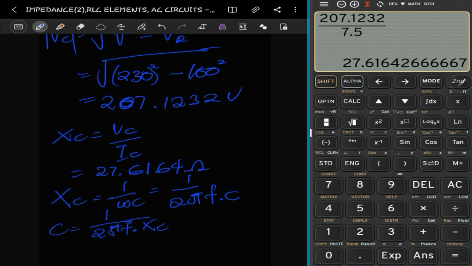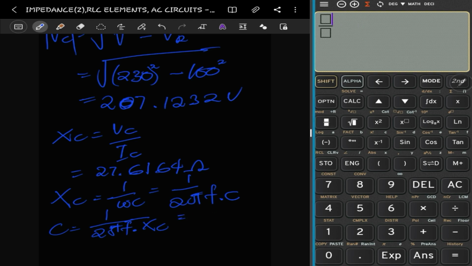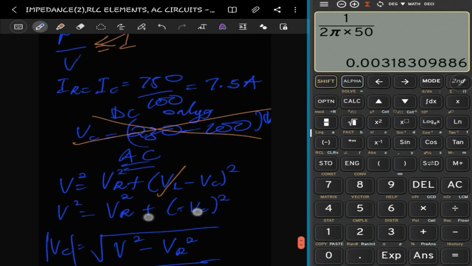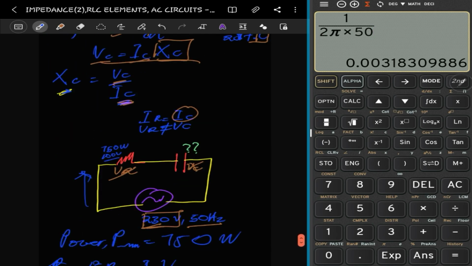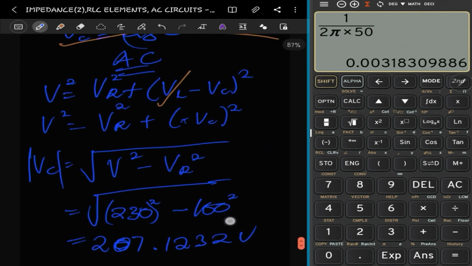So let's see what we get for that. So 1 over 2 pi. Frequency was 50. Let's confirm. Yeah, 50 hertz.